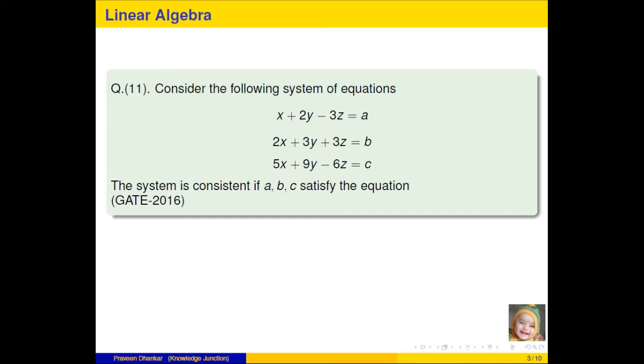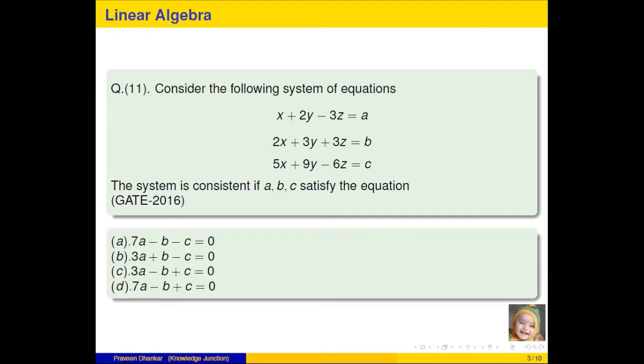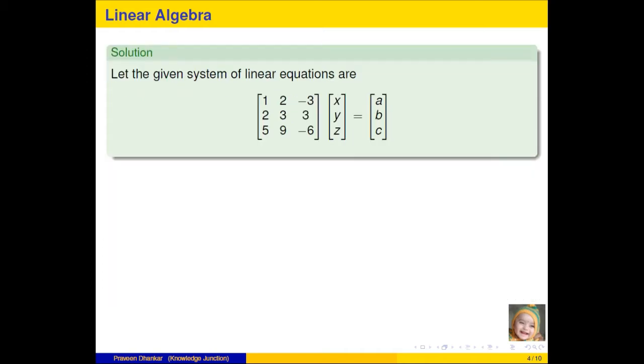This question comes in GATE 2016, and here you have the options: A, 7a minus b minus c equal to 0; B, 3a plus b minus c equal to 0; C, 3a minus b plus c equal to 0; and D is 7a minus b plus c equal to 0. So we are coming to the solution.